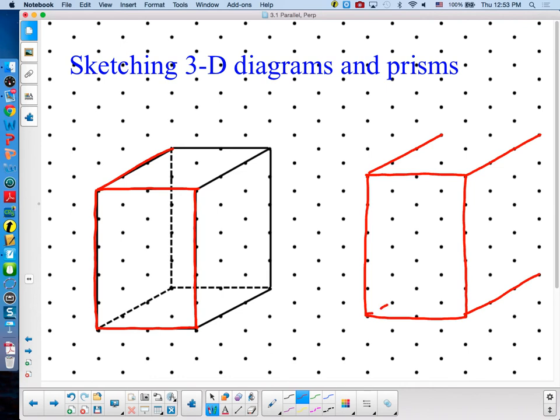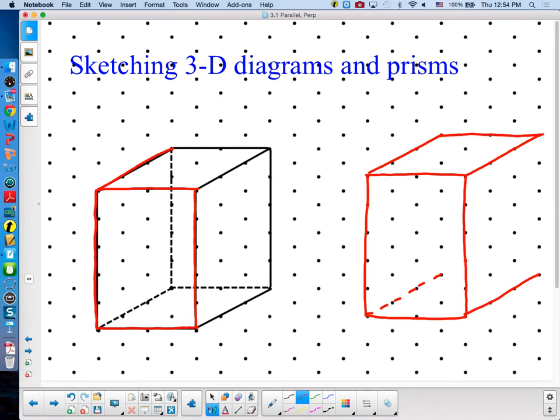This one will be 3 spaces, but it's dashed. I went 3 spaces diagonal on each of them. Then I'm going to connect those.